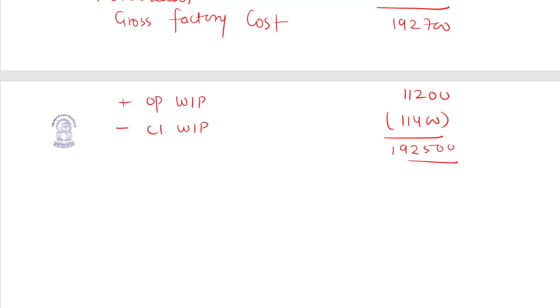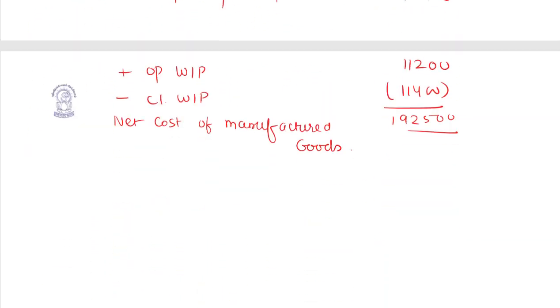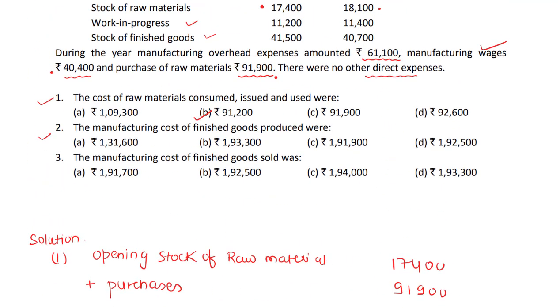This is 192,500, the net cost of manufactured goods. Next question. Question number 2, D.